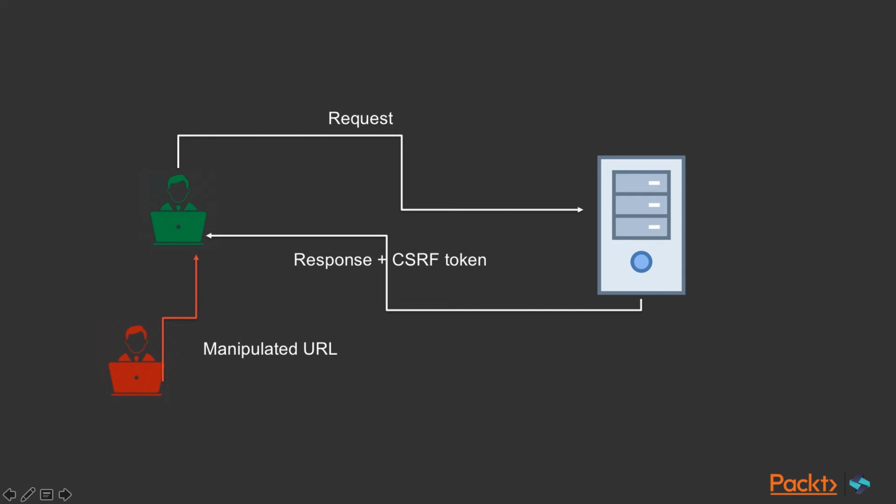So when the request goes on to the server, it doesn't understand that request because it doesn't find the CSRF token. It is a token in an encrypted format, and the server understands this particular token. Whenever you click on this manipulated URL, there is no way to pass on the CSRF token generated and sent as a response back to you.